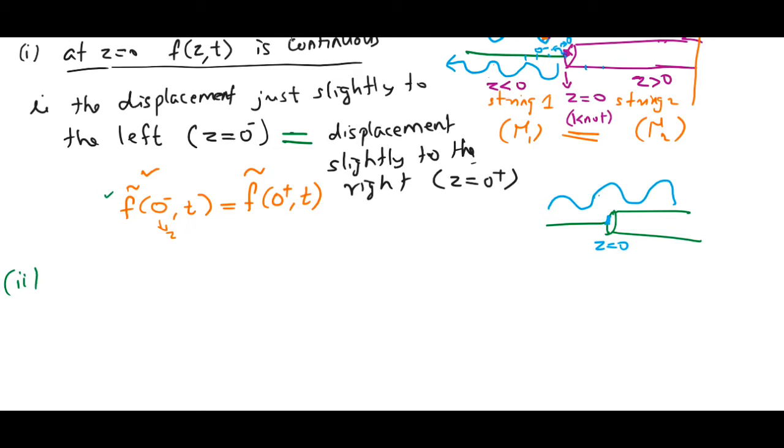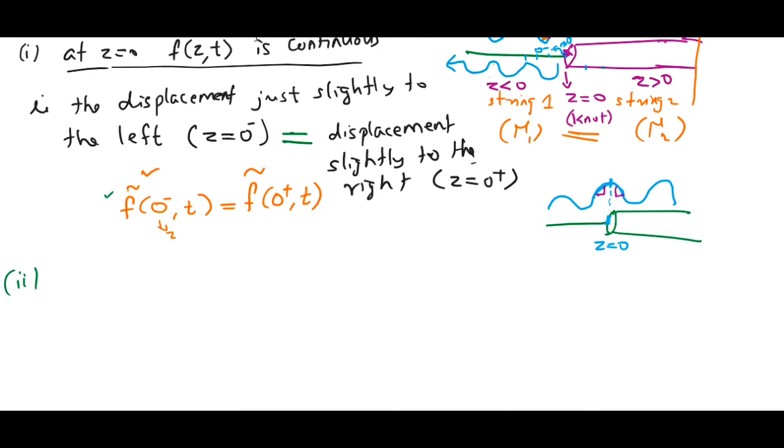And if this function is continuous at this boundary, at this point, this is corresponding to our z is equal to 0 position. Then the slope of this part and the slope of slightly to the right of z is equal to 0, these two slopes will have the same value.